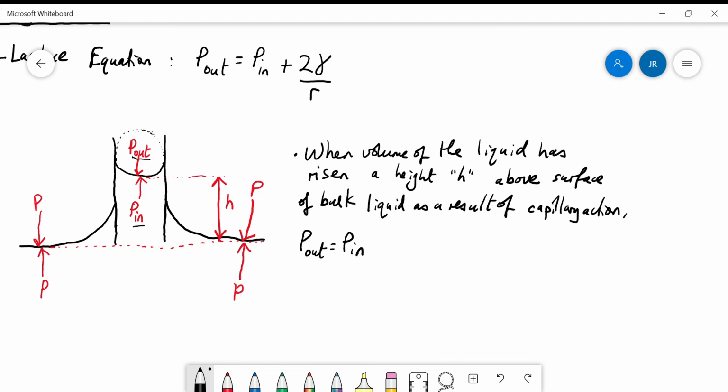And we know that because if it were not true, then the height would be dynamic. And right now the height is a fixed value. You can measure it, it's stable. All the extraneous forces have matched. So we can say that P out equals P in.